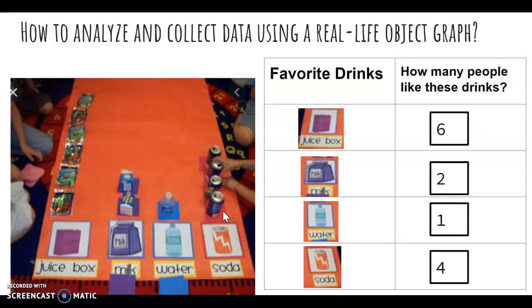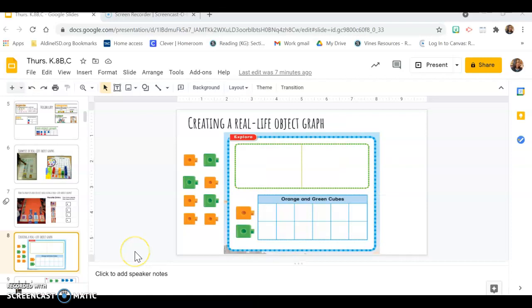So now Ms. Blanks is going to take it off of present mode, and I'm going to show you how you're going to create a real object graph and collect data. Okay, so we're going to start by creating a real life object graph. We're going to sort the colors first. Our categories are going to be orange and green.